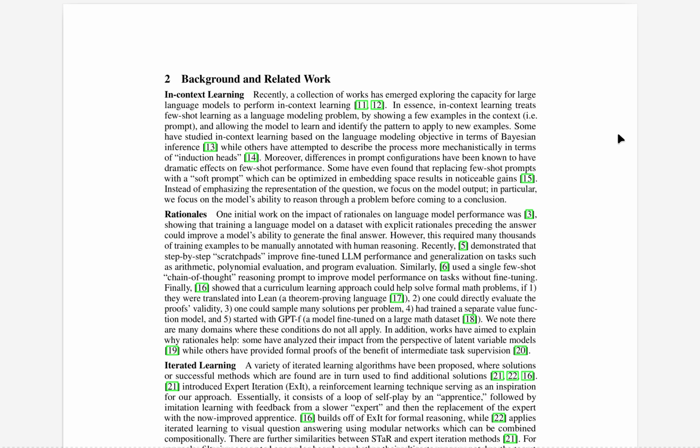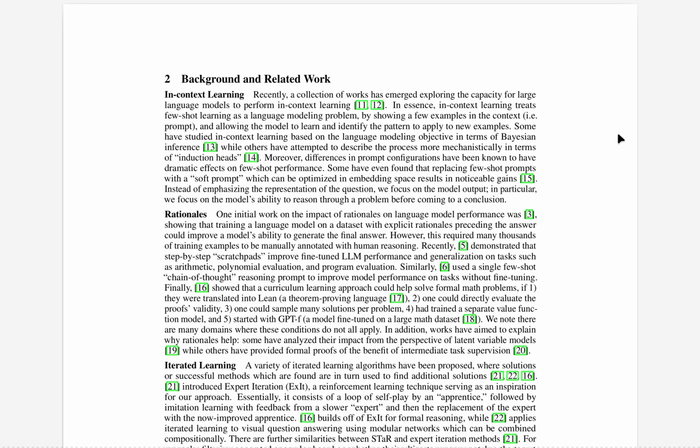Rationales. One initial work on the impact of rationales on language model performance showed that training a language model on a dataset with explicit rationales preceding the answer could improve the model's ability to generate the final answer. However, this required many thousands of training examples to be manually annotated with human reasoning.